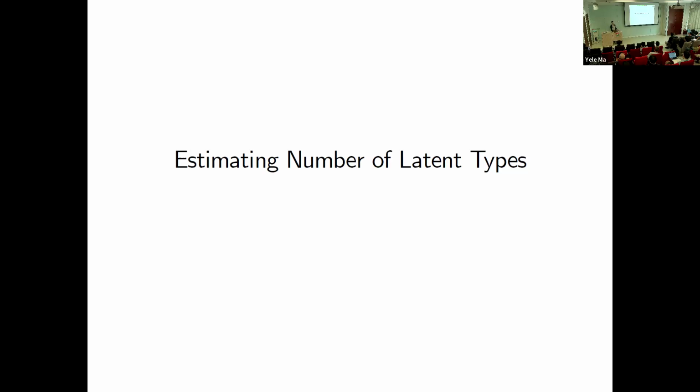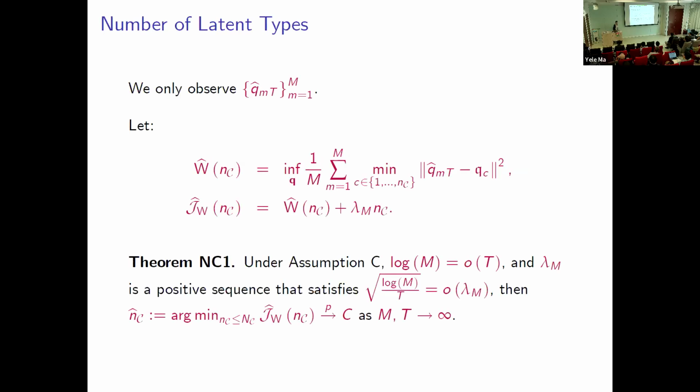More time than I expected. Okay, that's good. Then moving on to how we estimate the number of latent types. Previously, I assumed that we know the number of types, right? So we know how many clusters to do the k-means with. To estimate the number of latent types, we propose a BIC type information criterion.